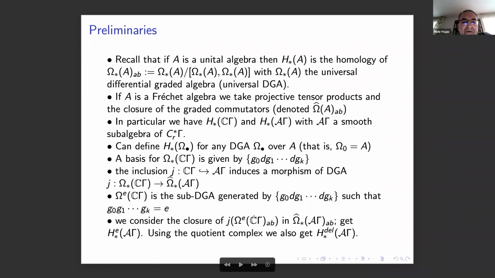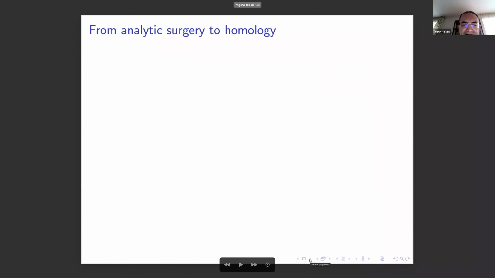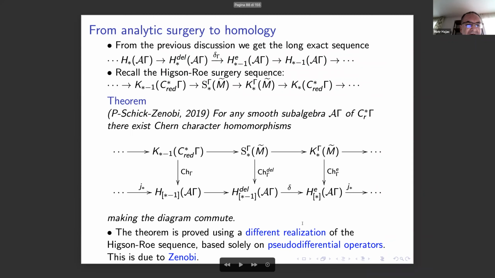How do we understand when you have no superscript in this sequence? Sorry? If you go back to this slide with commuting squares, please. So here is delocalized, and you also have one H without any superscript.